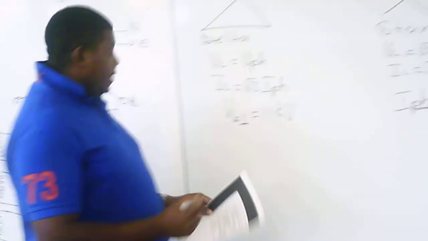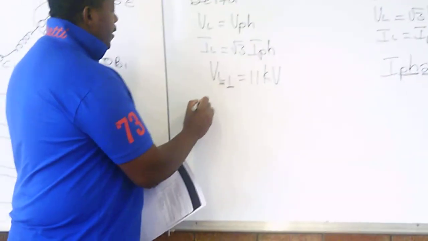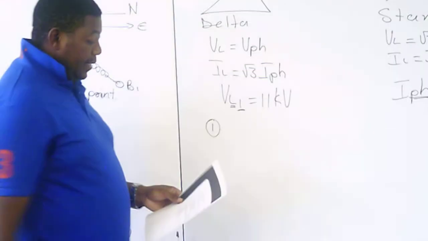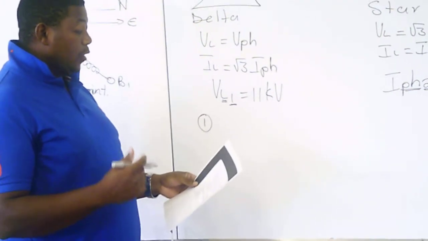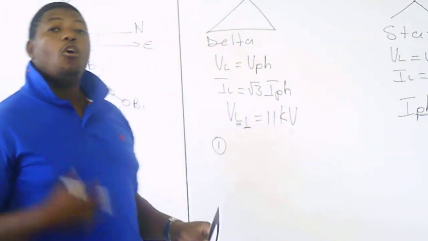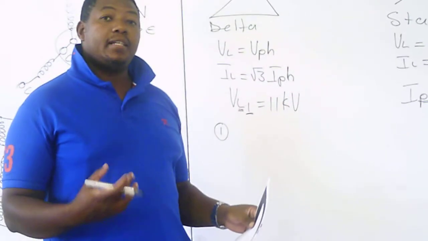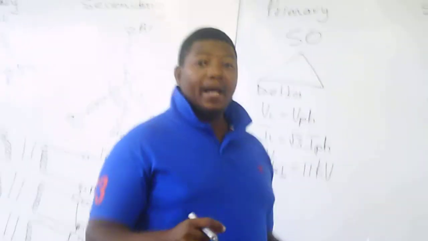Okay? Now, the first question, number 1, they want me to find the secondary line voltage. You see, this is why it's important to understand that when you work on a three-phase transformer, you must always use phase values, especially if you are using transformer ratios.